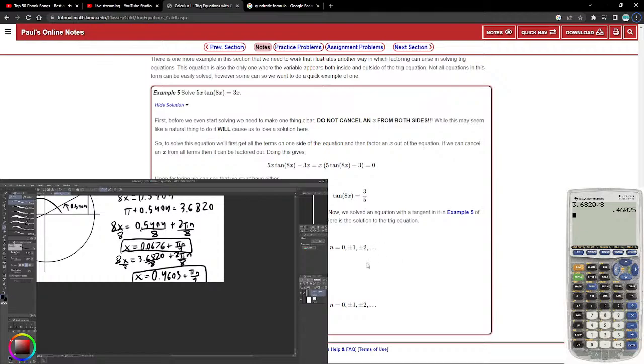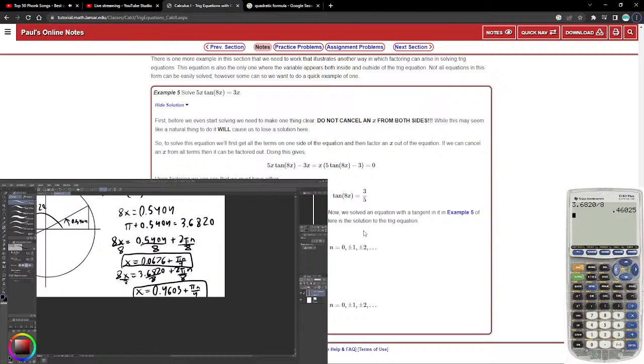Okay, let's see. 0.0676 plus pi n over 4. 0.4603 plus pi n over 4.